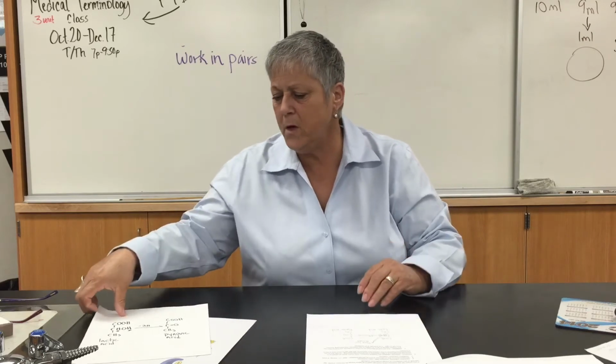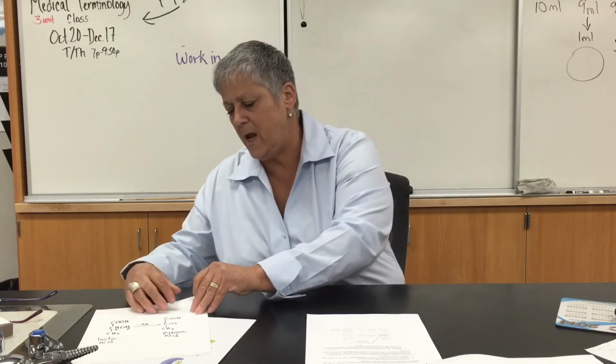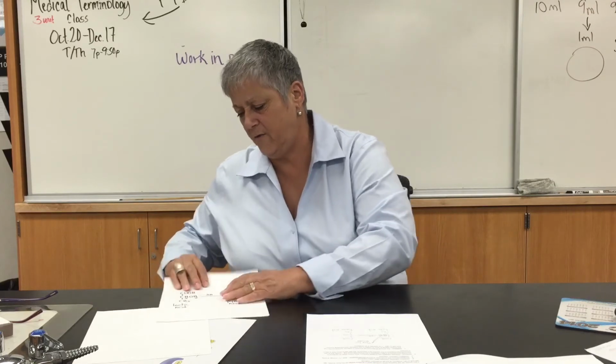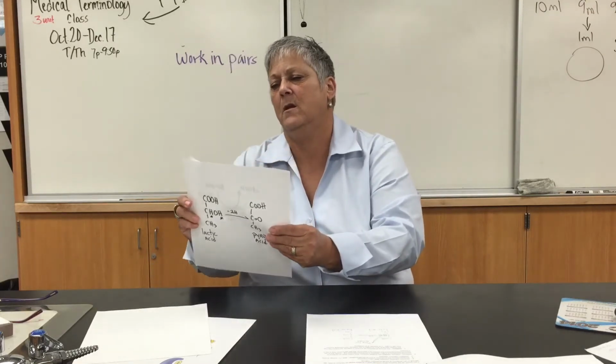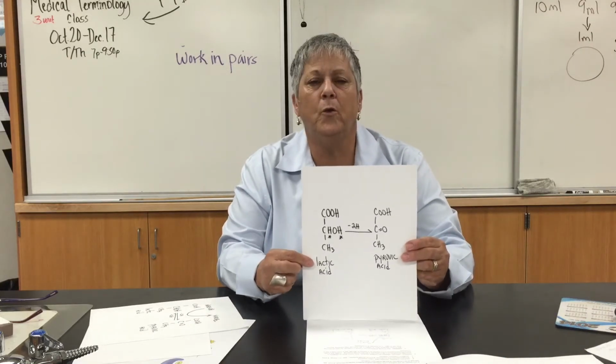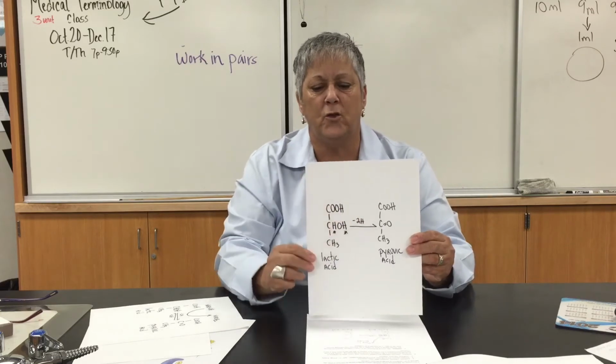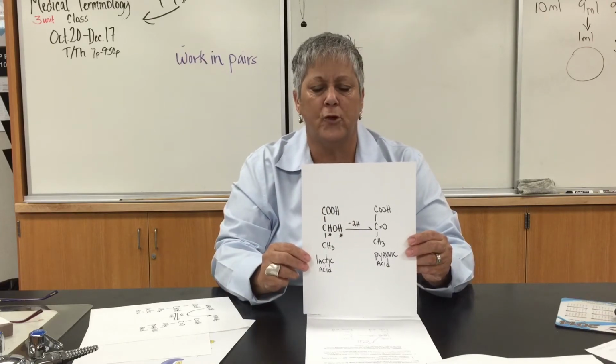All right, so if you look at this reaction, this is kind of the classic example of an oxidation. What we're looking at is a molecule of lactic acid, and I drew it out like this just so that you could see where all of the hydrogens were.